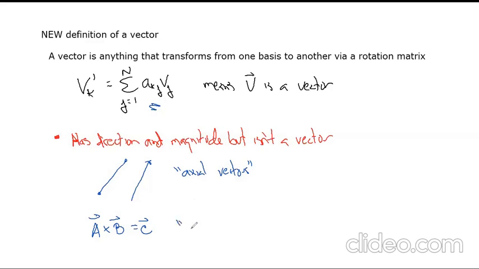If you flip both of them, that's a rotation by 180 degrees, but you end up with the vector pointing in the opposite direction. So this is what's called a pseudo vector. If I have A pointing that way and B pointing that way, A cross B would point up. Then if I flip them both, I would get this pointing down, but that's just a 180 degree rotation. Or if I flipped one of the axes.